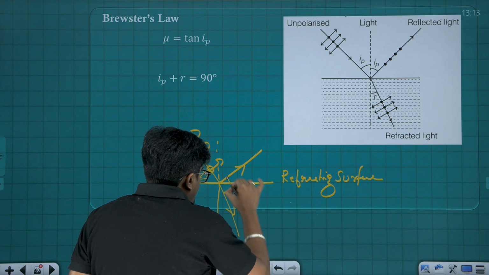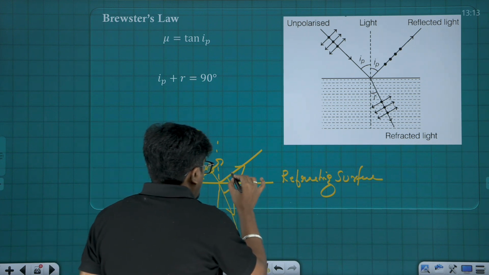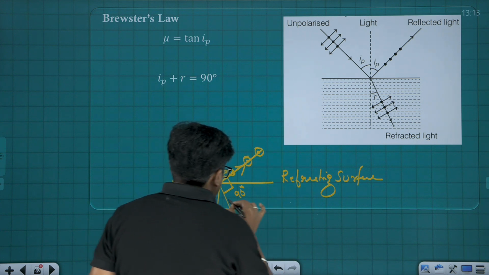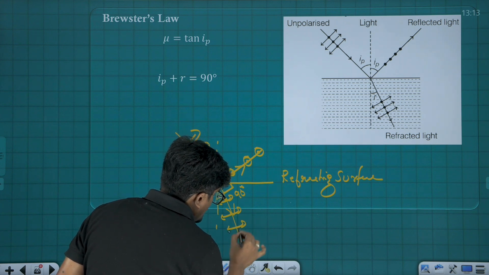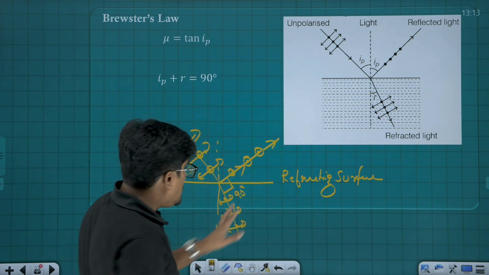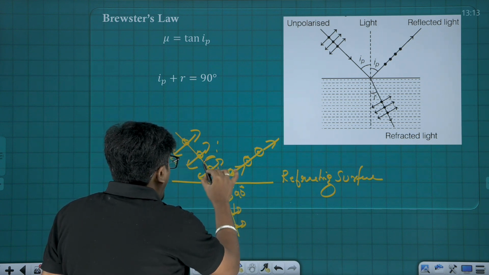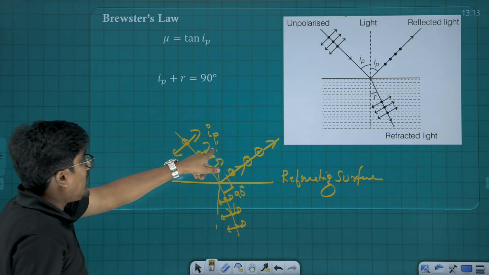If the angle between these two is 90 degree, then what I am going to have here is plane polarized light, and definitely the transmitted light is unpolarized. So here the angle needs to be 90 degree.